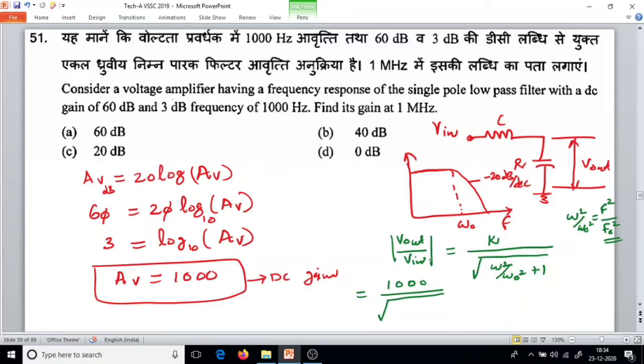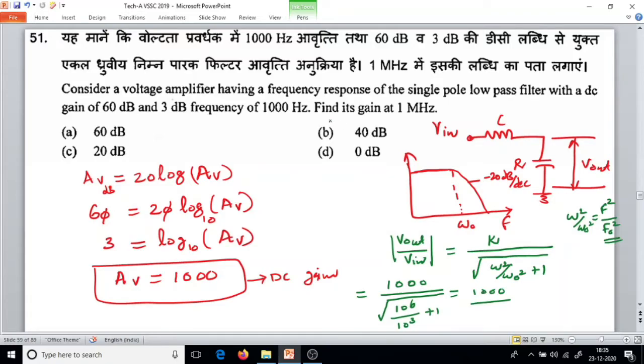Find its gain at 1 megahertz. 1 megahertz means 10 to the power 6, divided by the 3 dB frequency he has given, that is 10 to the power 3, plus 1.